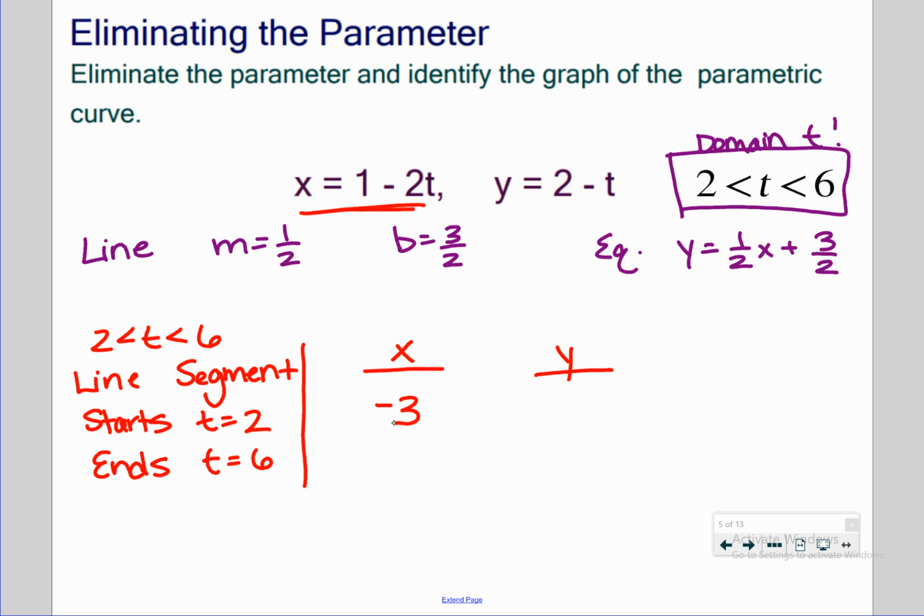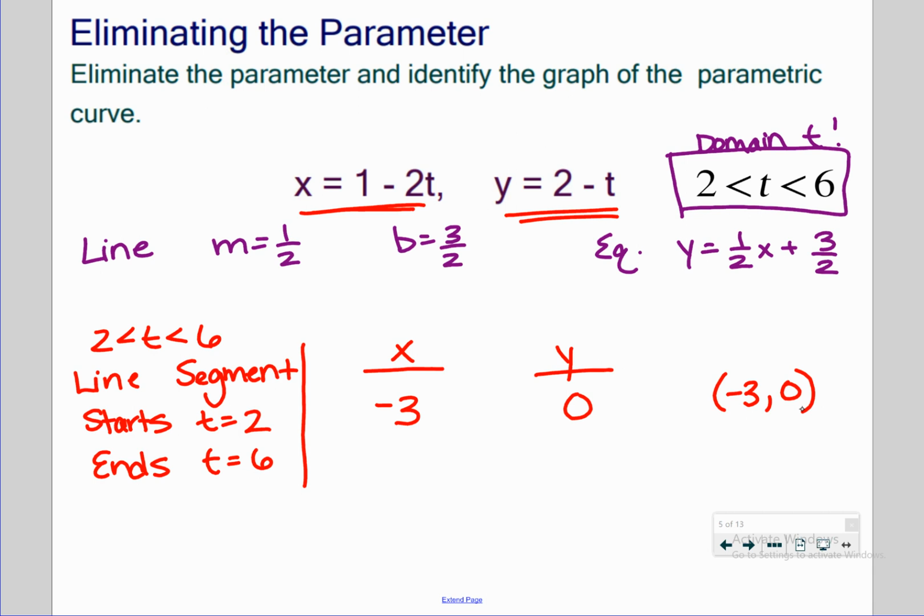Negative 3. If I plug t into my y equation, what do I get? 0. So its actual endpoint on one side is negative 3, 0, because that's where the t starts.